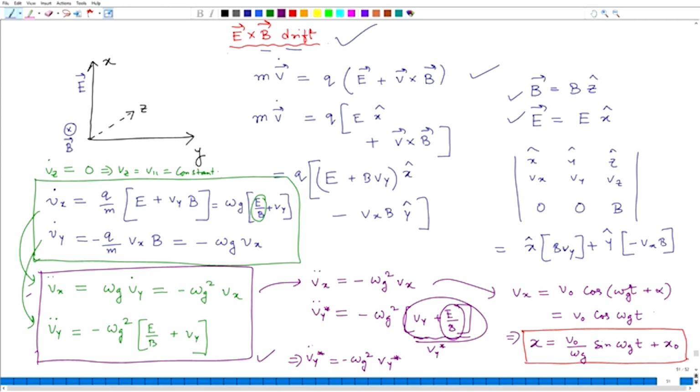What I would do, I can do it like this. Vx dot is equal to omega g Vy star, that we can say from here.